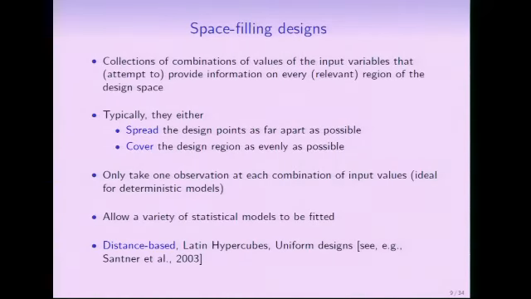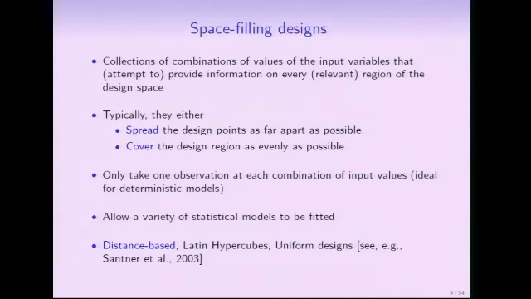The ones we're going to focus on are going to be thinking about either spreading the design points out as far as possible across the design space, or covering the design region as evenly as possible. So I think we can think about these as being maxi-min designs, maximizing the minimum distance between design points, or mini-max designs, minimizing the maximum distance between our design and our design region.